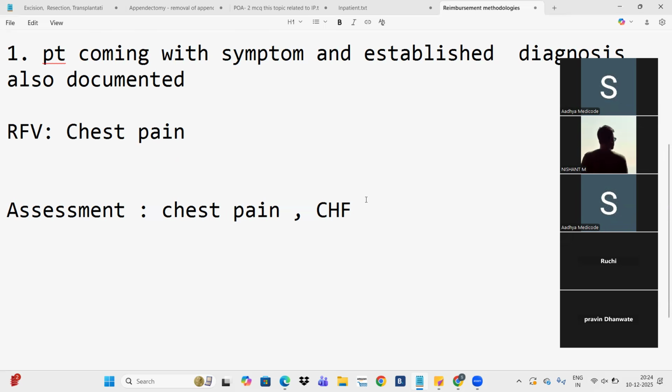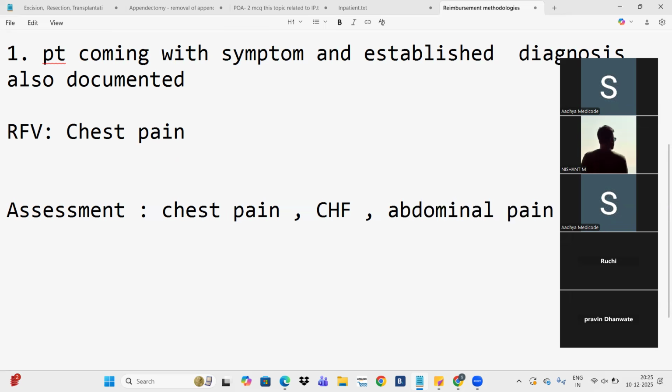But unrelated symptoms, if they are documented, like suppose abdominal pain, we need to code additionally.